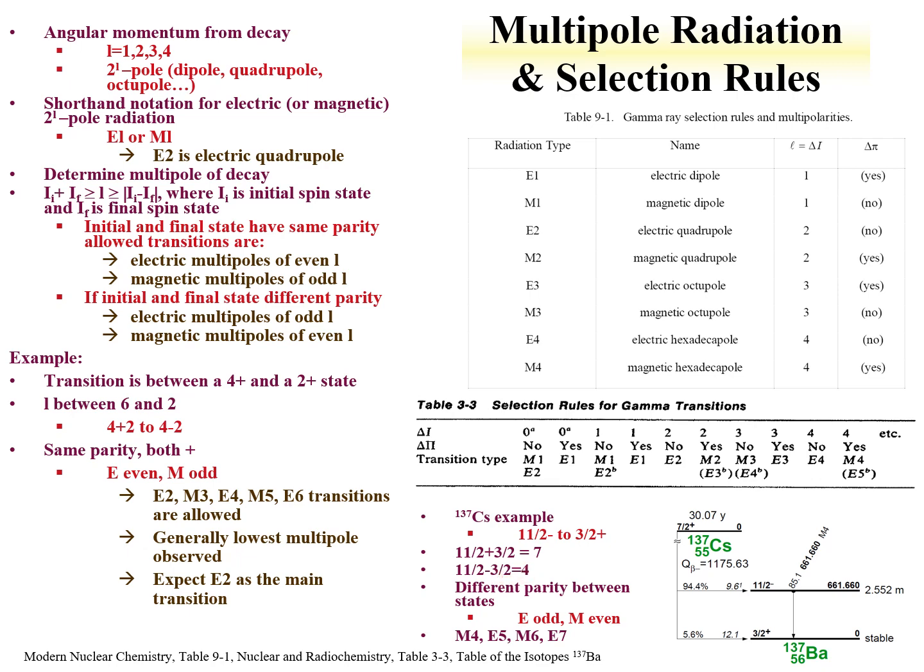The states are of different parity. So the electric multipoles will be odd L, and the magnetic multipoles will be even L. It goes through 4, so it'll be M4, E5, M6, E7. And as we saw, M4 is the lowest, and that's the value listed right here on the table of the isotopes.